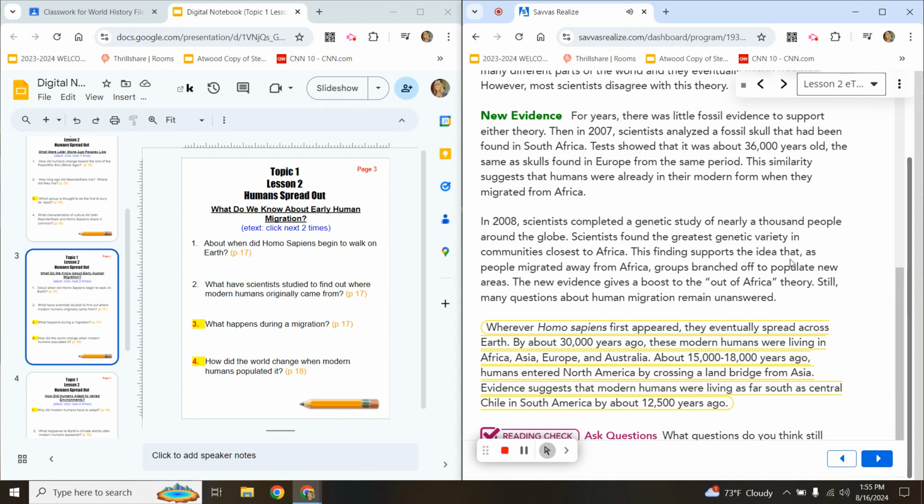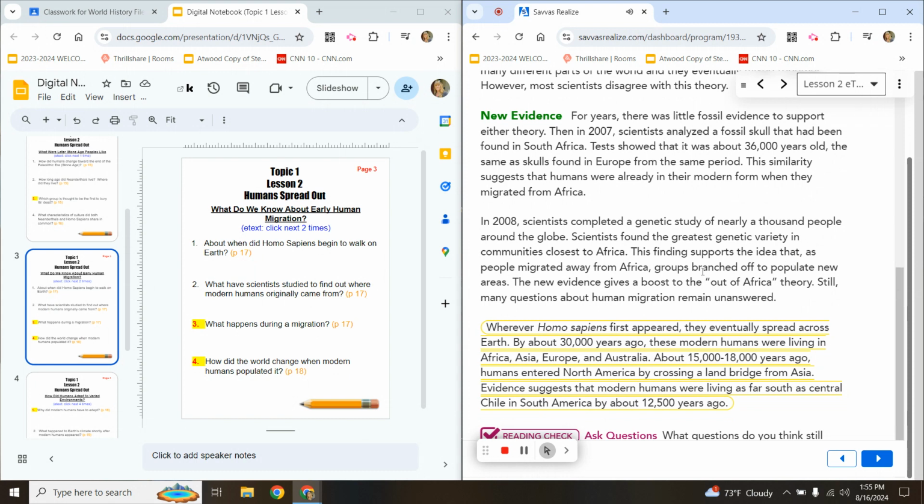In 2008, scientists completed a genetic study of nearly 1,000 people around the globe. Scientists found the greatest genetic variety in communities closest to Africa. This finding supports the idea that, as people migrated away from Africa, groups branched off to populate new areas. The new evidence gives a boost to the out-of-Africa theory.